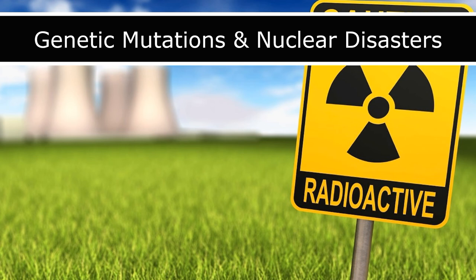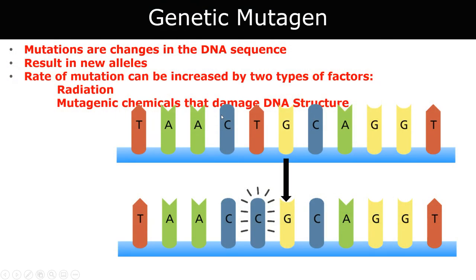So the last thing that I wanted to talk about today were basically nuclear disasters. Genetic mutations can occur for lots of reasons. You can get them just from regular polymerase going through and making errors, but there are lots of environmental exposures that increase the likelihood that mutations will occur.